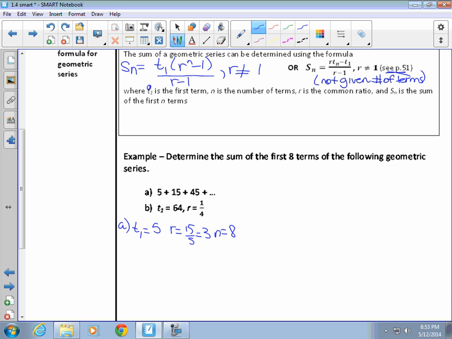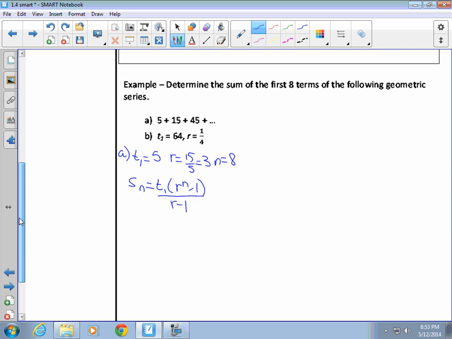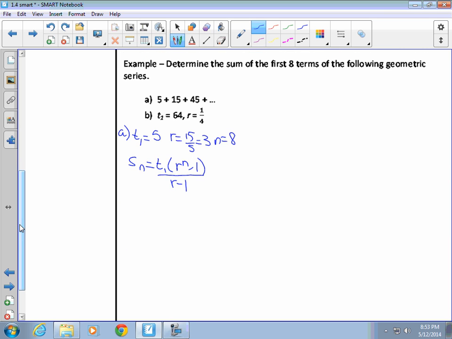So this one has told me my T1, my R, and my N, so I can use just my regular sum formula. So the sum of the numbers is equal to T1 times R to the N minus 1 all over R minus 1. So the sum of my 8 numbers is 5 times 3 to the power of 8 minus 1 all over 3 minus 1, so all over 2.